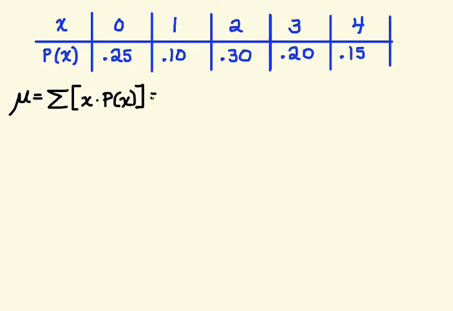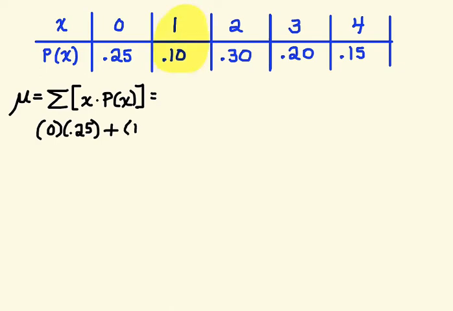So I'm going to do this underneath. Our first random variable is a 0 with a probability of 0.25. So we're going to say this is 0 times 0.25 plus our next, move that over, is a 1.